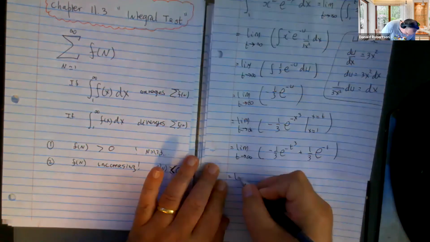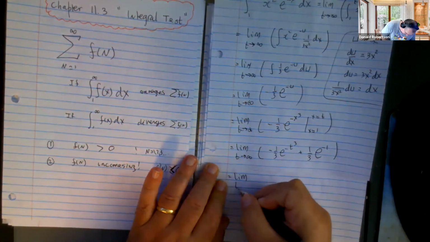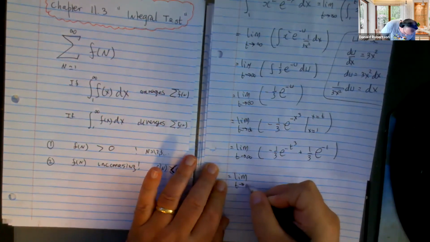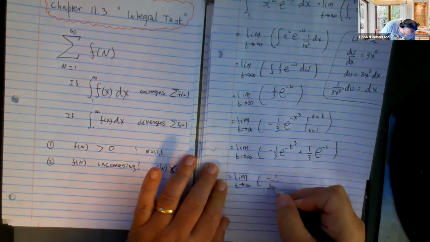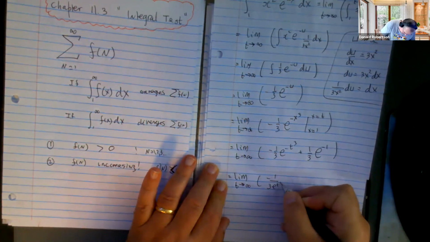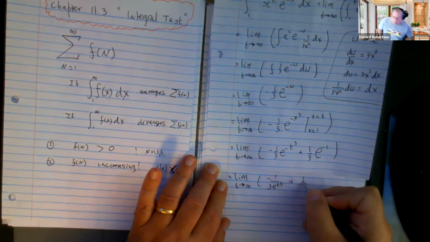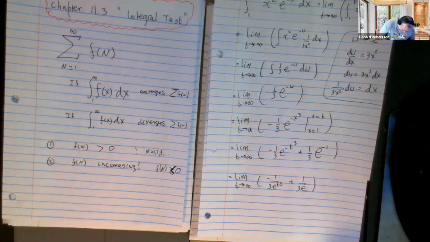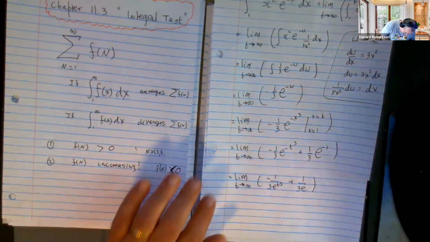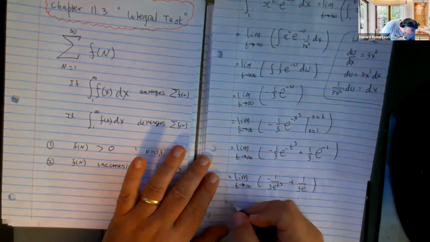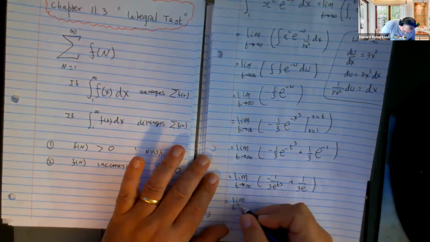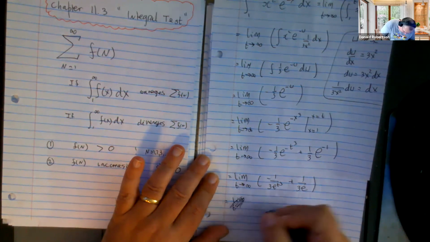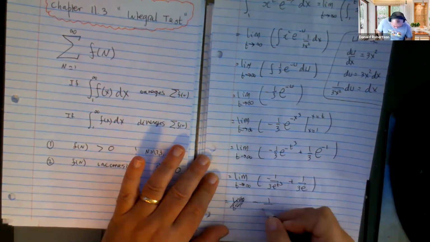Not everybody feels that this is necessary, but I'm going to call this guy that guy. So now I'll plug in infinity and see what we get. Negative 1 over 3. Okay.